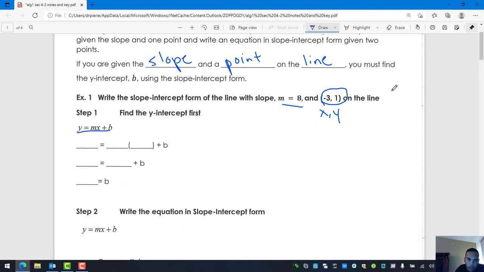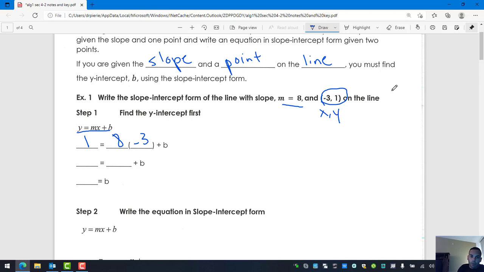It's just the number 1, so I can plug in 1 for y is equal to m times x. They're telling me that my slope is equal to 8, so I can just plug in 8 for m. And for this example, x is equal to -3, so I can plug in -3 for x. Now I still don't know what my y-intercept is, but that's what I'm trying to solve for.